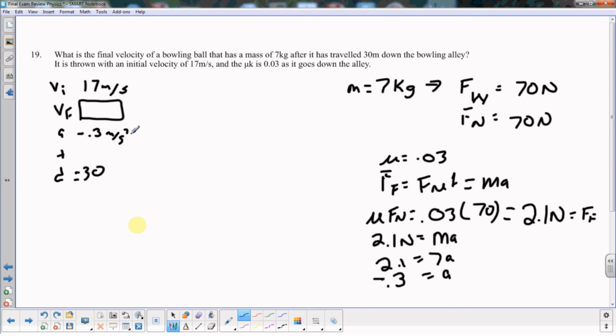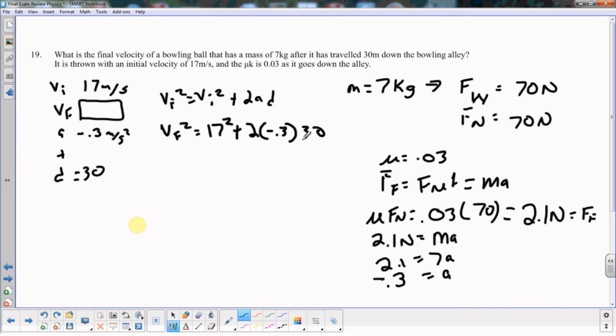We're looking for a final velocity. So VF squared equals VI squared plus 2AD. 17 squared plus 2 times negative 0.3 times 30. 17 squared, 289, plus negative 0.6 times 30.